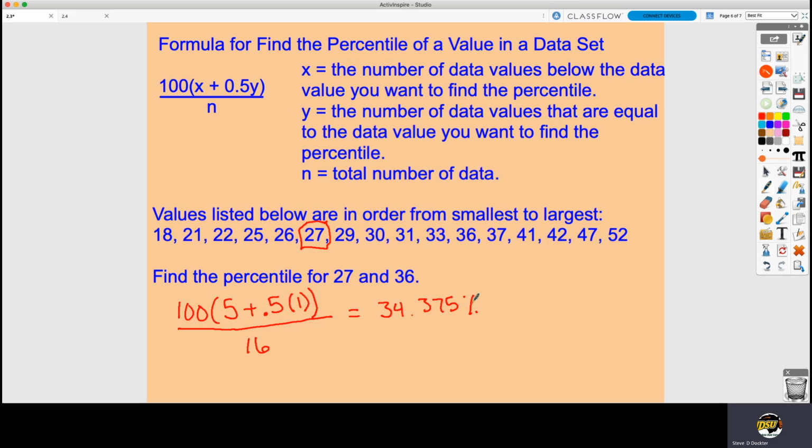For this one, we don't have decimals in our answers, so we round to the nearest integer. So this is not 34.375; we round it properly to 34%.